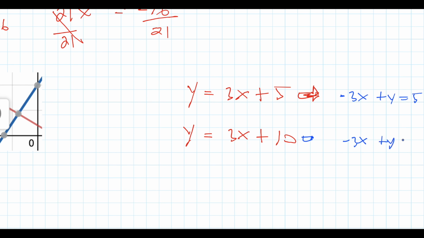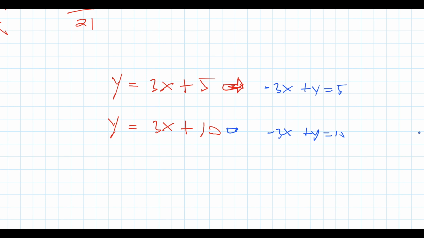Technically, in standard form you're not allowed to have a negative in the front, so you can multiply both by negative 1. Then you end up with 3x minus y equals negative 5 for the top one, and the bottom one is 3x minus y equals negative 10.